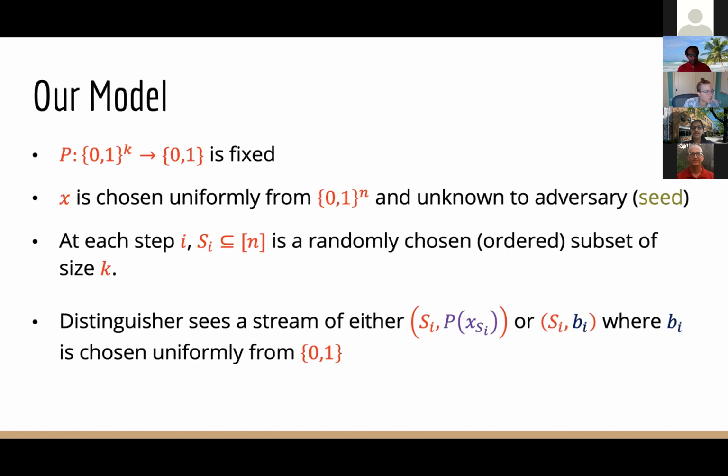So the first stream can be thought of as the output of the generator G, where X is chosen randomly and then fixed, and the second can be thought of as a uniformly random string. And note that in this model, we get to see the Si's at each step.